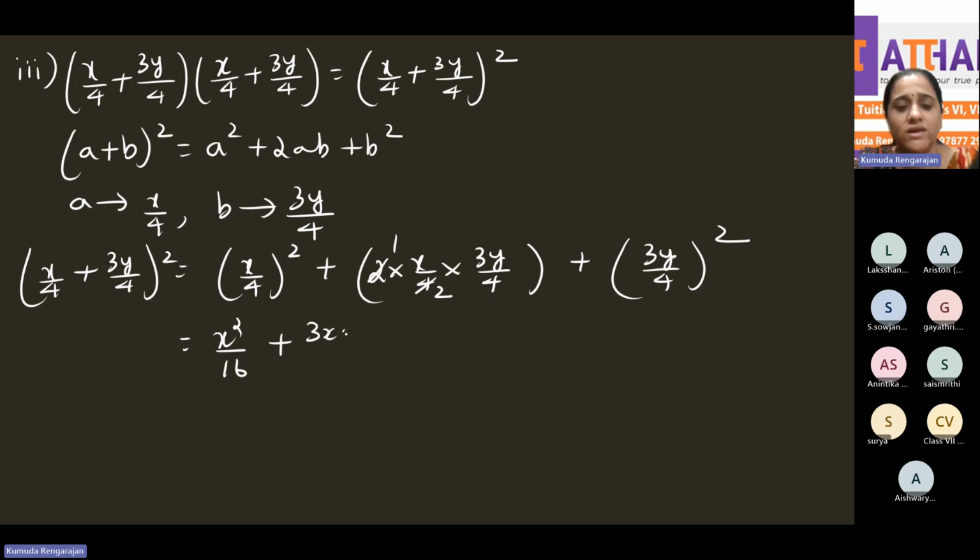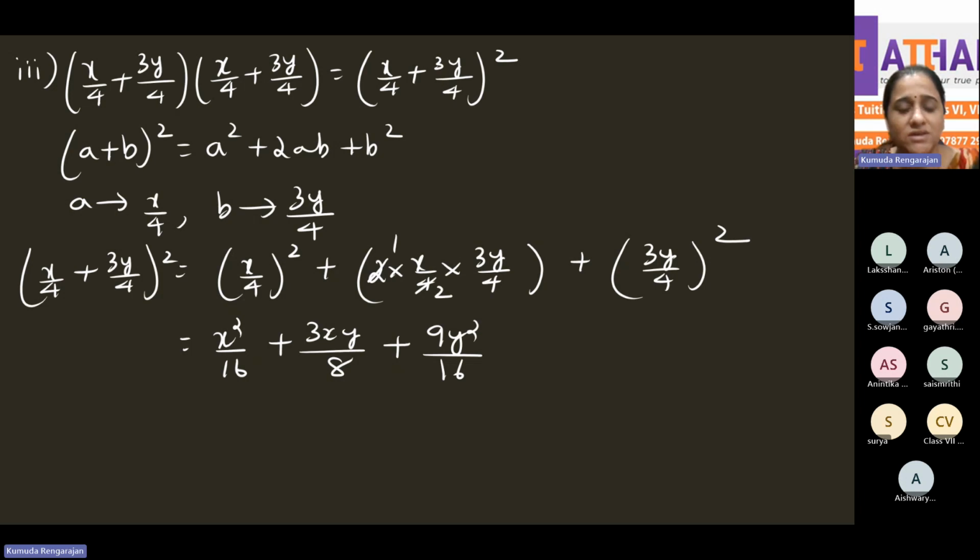So 3xy by 8 plus 3y by 4 into 3y by 4: 3y into 3y, 9y square by 4 into 4, 16. You should square everything.